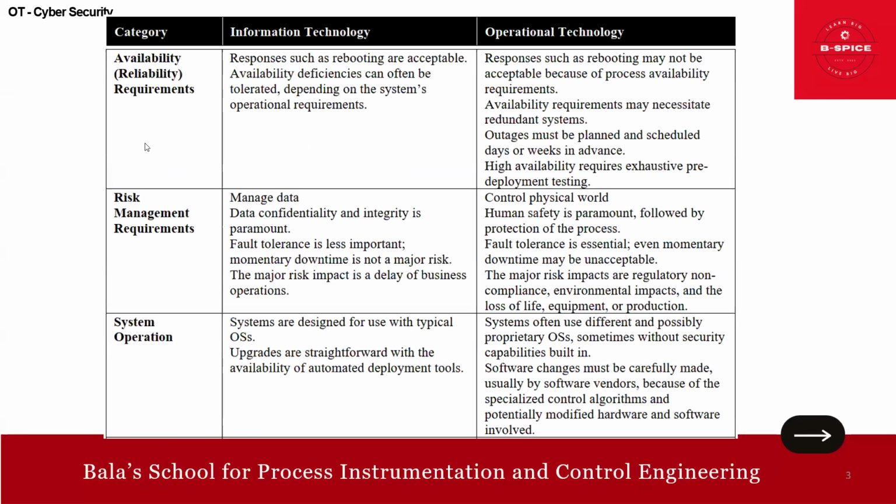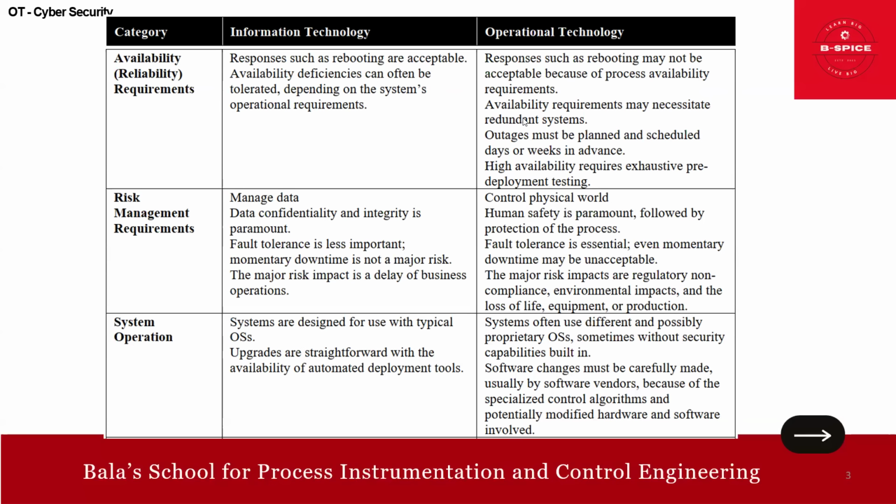And let's see the availability, meaning the reliability requirements. If you talk about IT, responses such as rebooting are acceptable, right? So we can reboot, whereas responses such as rebooting may not be acceptable in OT because of process availability. We need to have 100% availability. Availability deficiency can often be tolerated in IT, depending on system operational requirements.